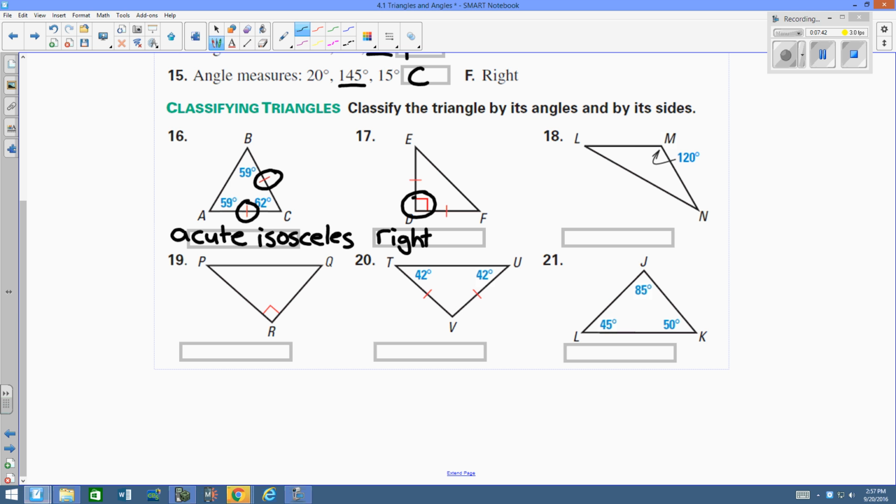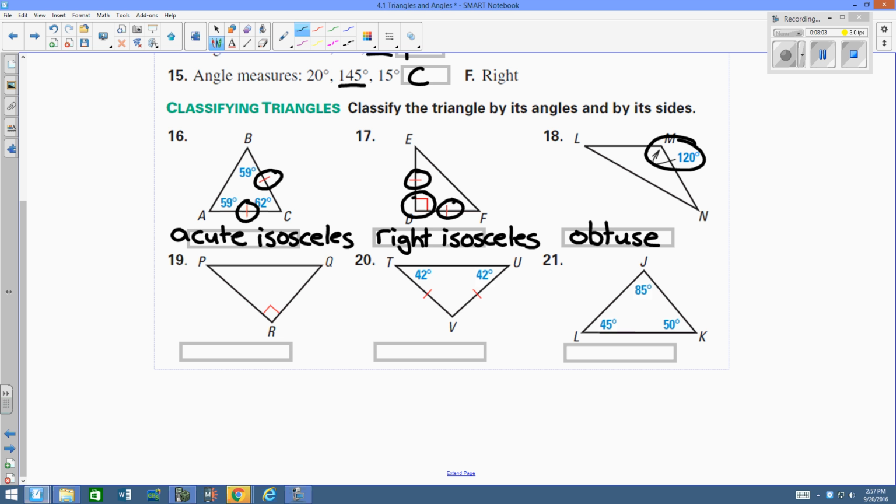Triangle, and 2 sides the same, so isosceles. This triangle has an angle that's bigger than 90, so it'll be obtuse.